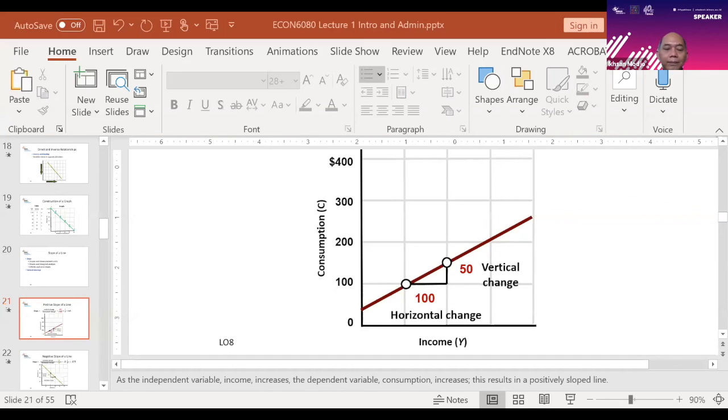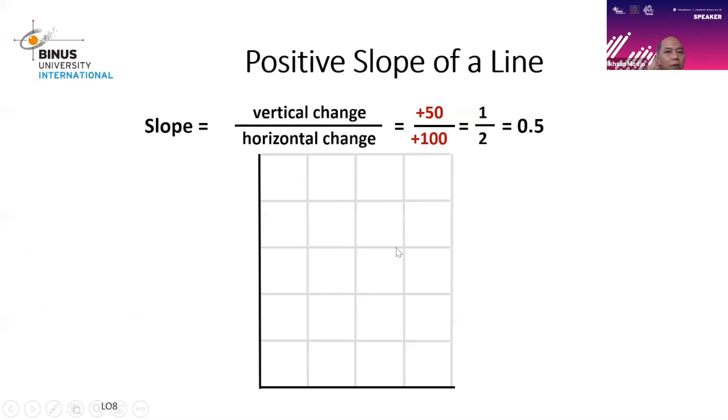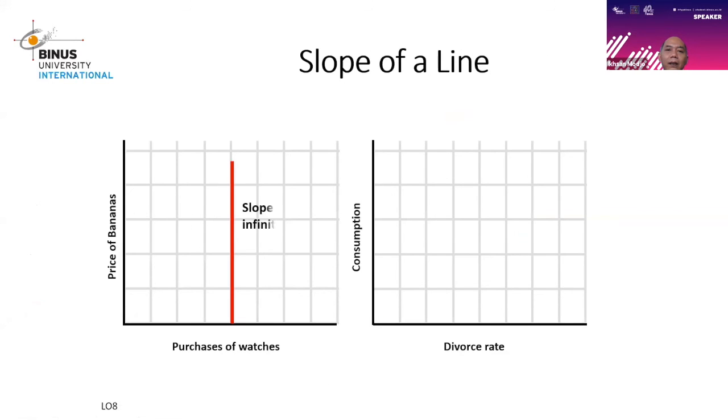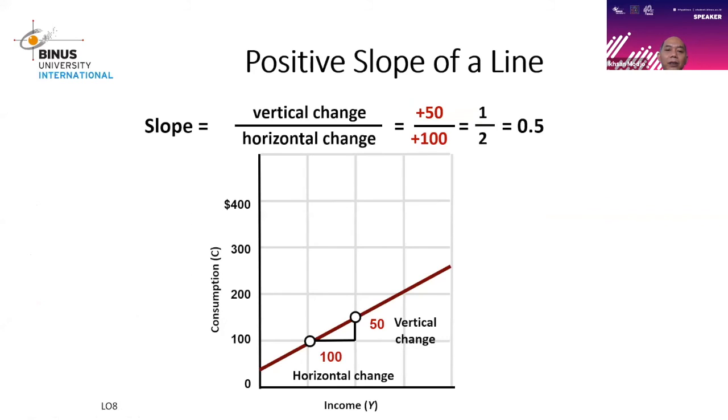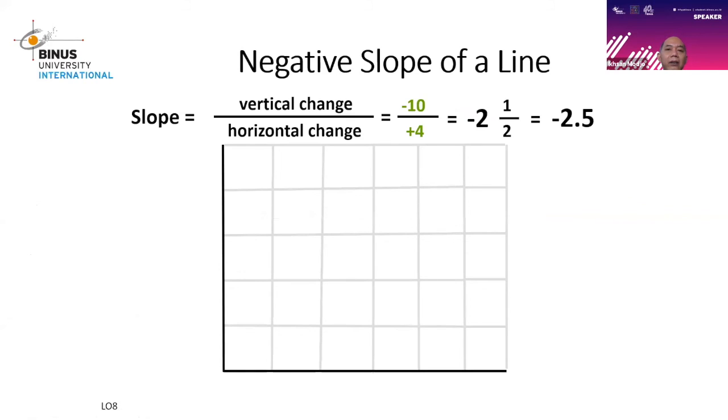Slope, okay. Positive slope of a line, okay. And we need to know about this. Okay, a negative slope line is the same. Jadi we learned about the positive slope line. Slope is going to be the same for a linear but not non-linear graph, and it will be the same whether it's a positive or direct slope or an indirect or negative slope.